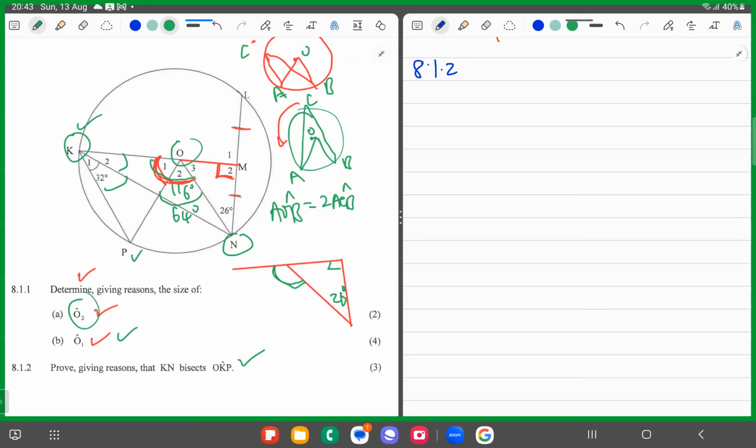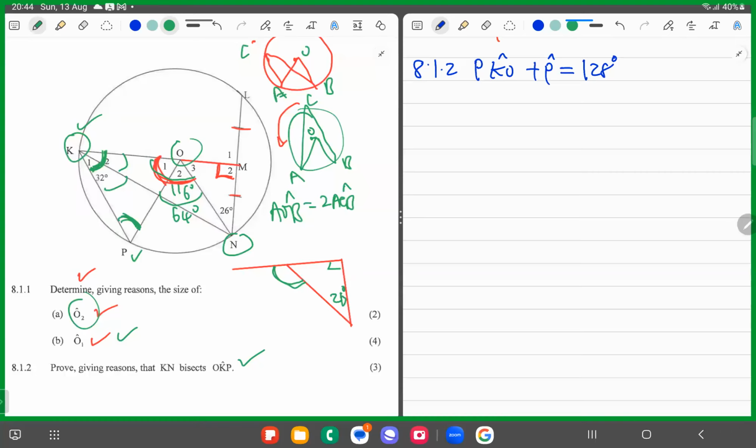we note that we can deal with some of the angles in the triangle because we have knowledge of this. So we can say angle PKO, this one, plus angle P, this one, is equal to 128 degrees.